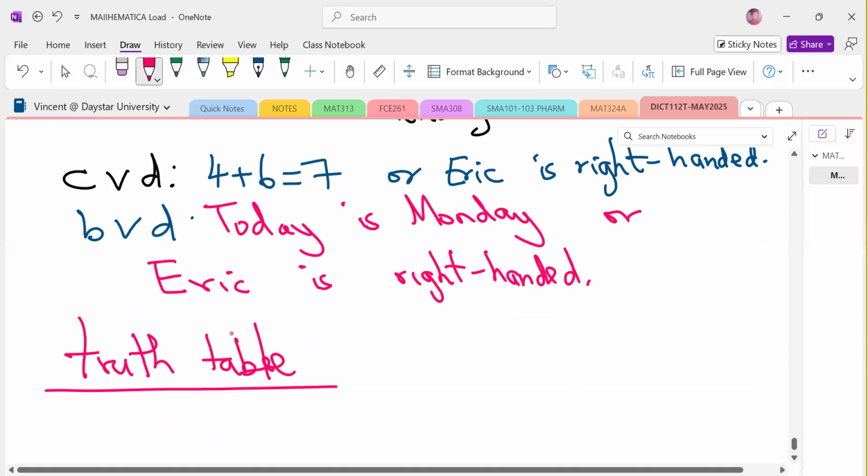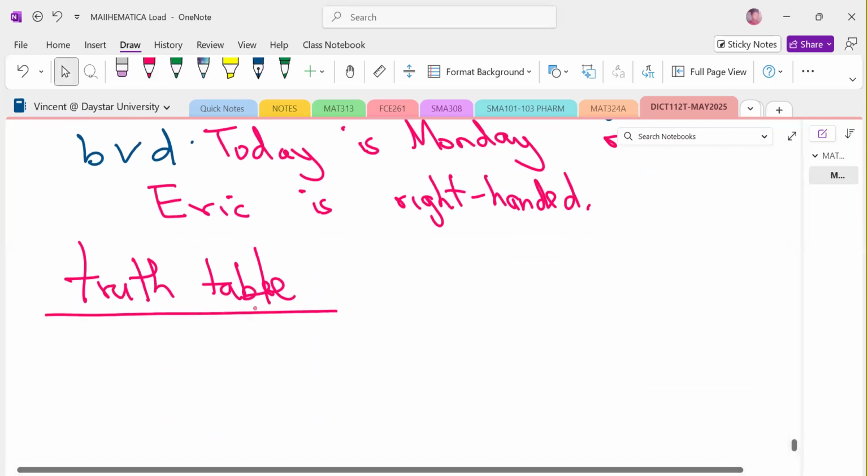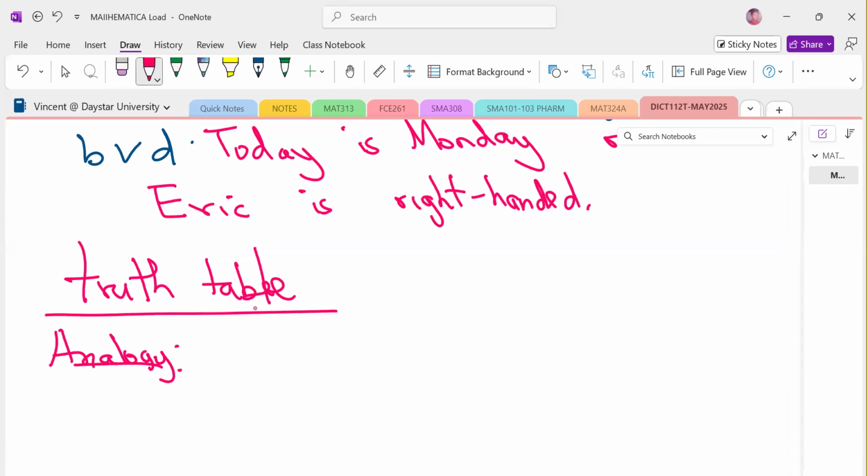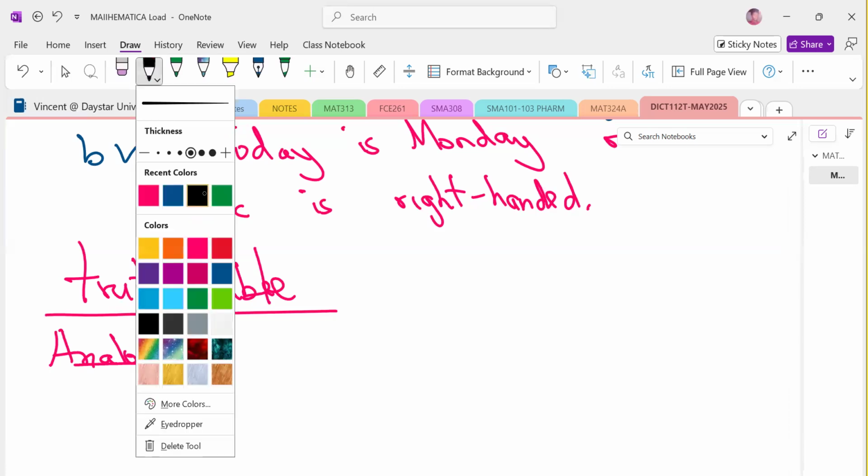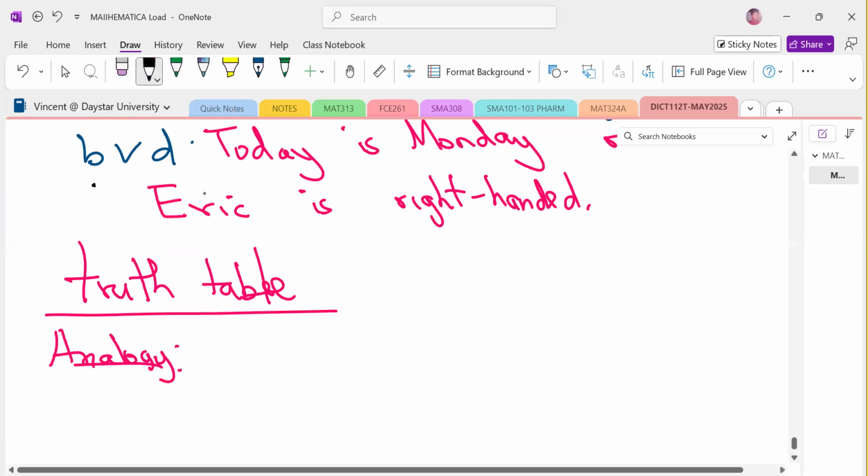And for us to understand how to draw the truth table, we'll also require an analogy to help us interpret the values. And the analogy here is the job advert analogy. So consider this.